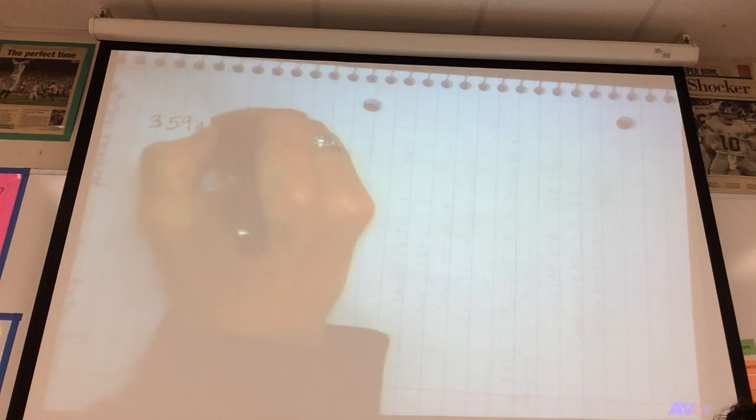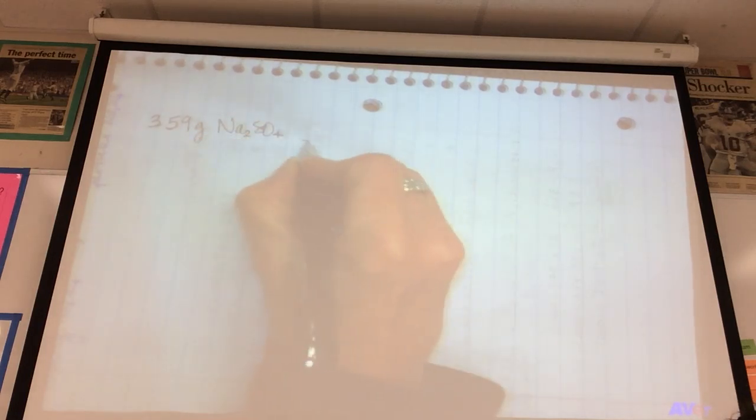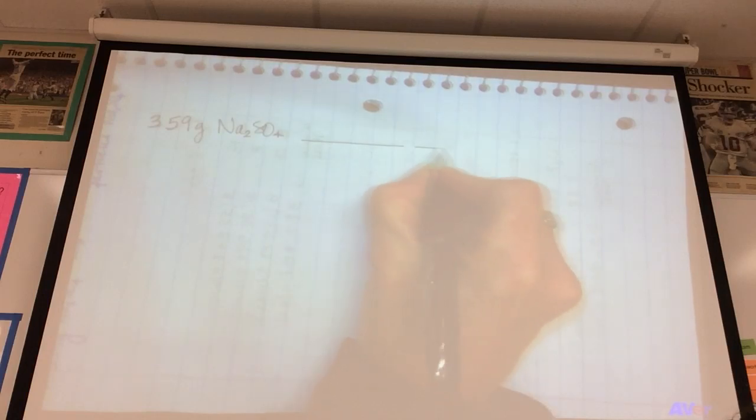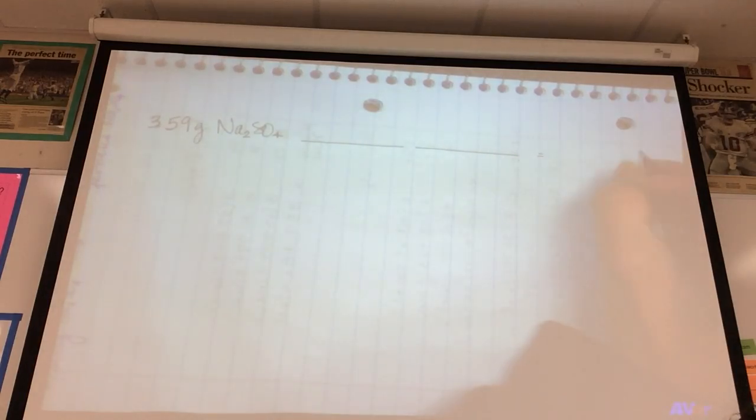I've got 359 grams of sodium sulfate, and in 2 steps I am going to get to particles of sodium sulfate.